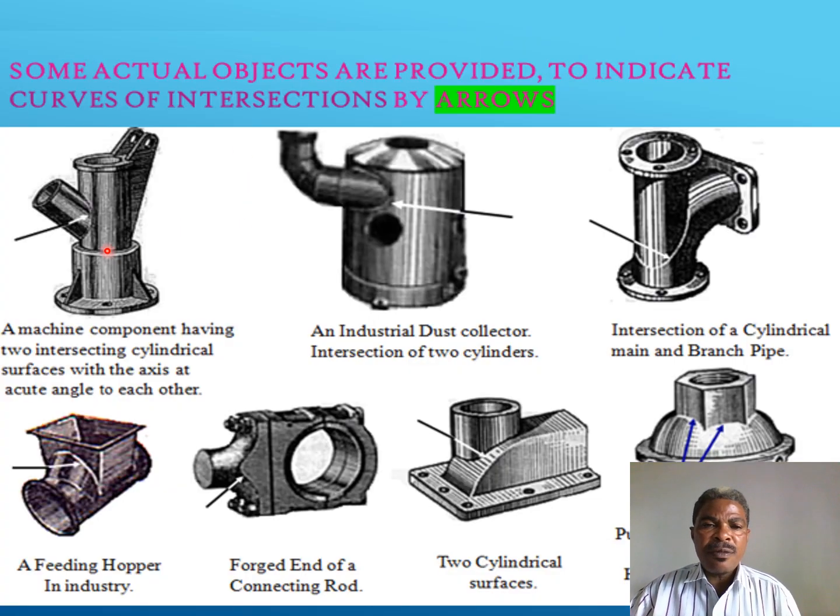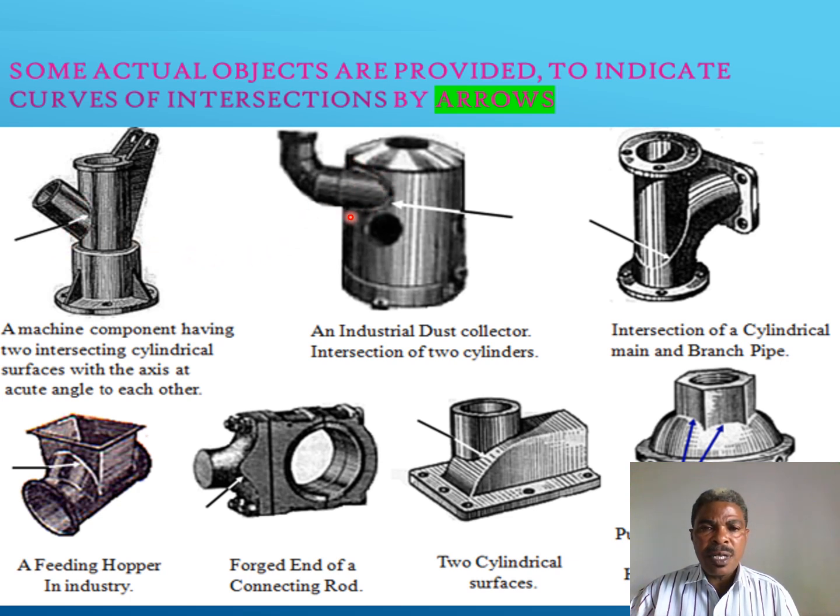Here is an example of some common objects that are found in our daily life. You can have a small cylinder intersecting the bigger one here. The interface, or the curve which indicates how they intersect, is very important to ensure a leak-proof and strong joint.